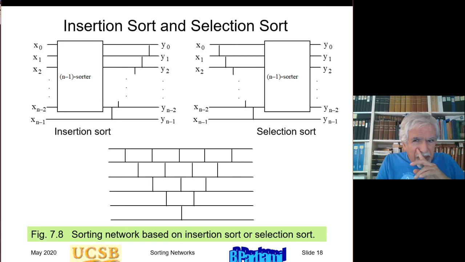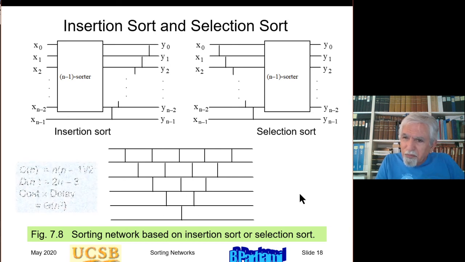This is not a particularly efficient way of constructing sorting networks, but it's interesting that we do have very simple, easy to understand methods for designing sorting networks. I call this the brick wall sorter because the drawing looks like a brick wall.